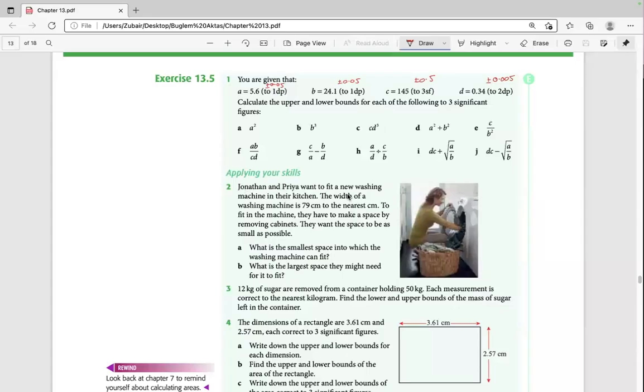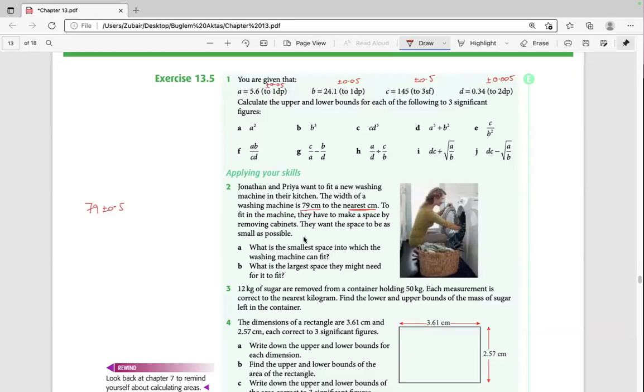Jonathan and Priya want to fit a new washing machine in their kitchen. The width of the washing machine was 79 centimeters, correct to the nearest centimeter. So I'm just writing this as 79 plus or minus 0.5. To fit the machine, they have to make a space by removing cabinets.